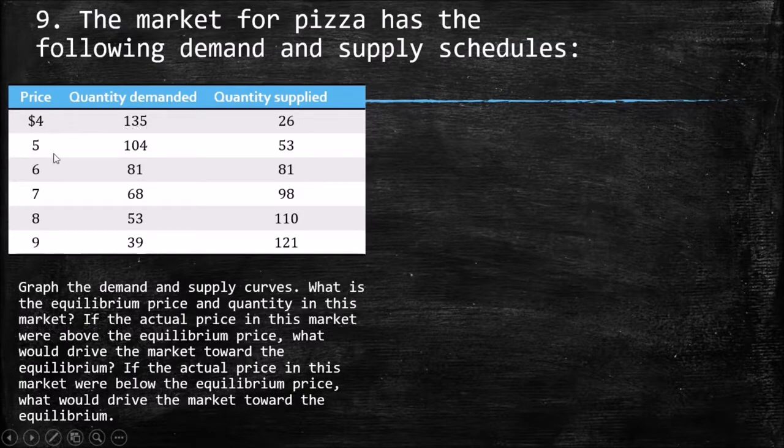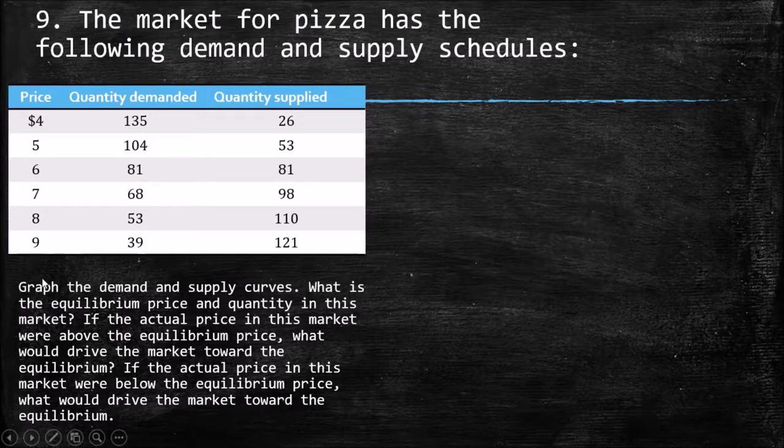Once the price goes up, the quantity demanded goes down. This is negatively related. On the other side, we have the quantity supplied, which starts from 26 at a price of 4, and it goes up. So this is the case where it's positively related.